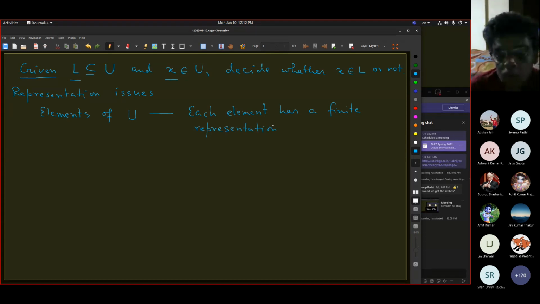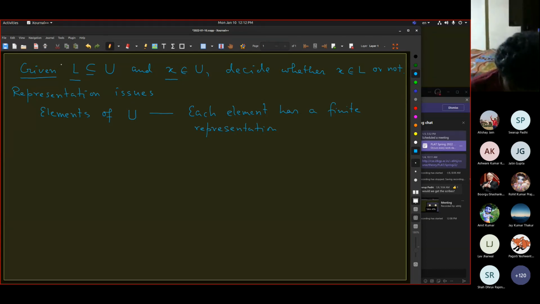I cannot simply feed an infinite description to a machine; the machine will take forever to read it. So X must have a finite representation. Later we will see L will also be demanded to have a finite representation, but that's a more complicated issue.